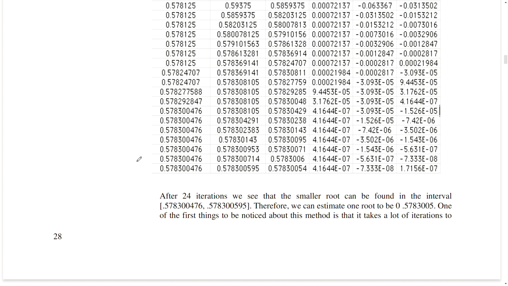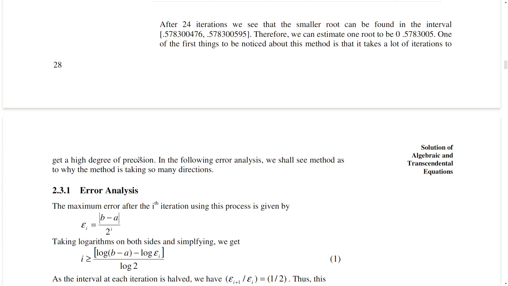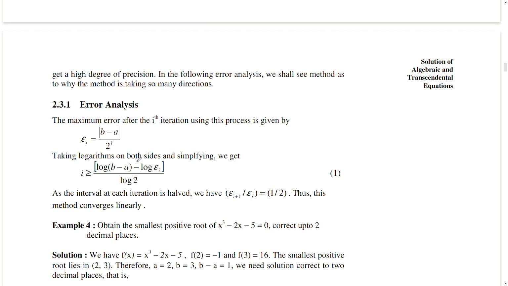The first thing to be noticed about this method is that it takes a lot of iterations to get a high degree of precision. In the following error analysis, we shall see why the method takes so many iterations.